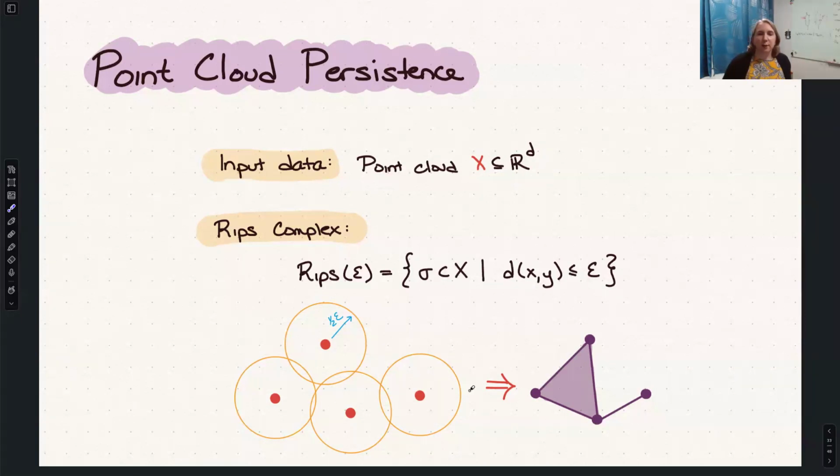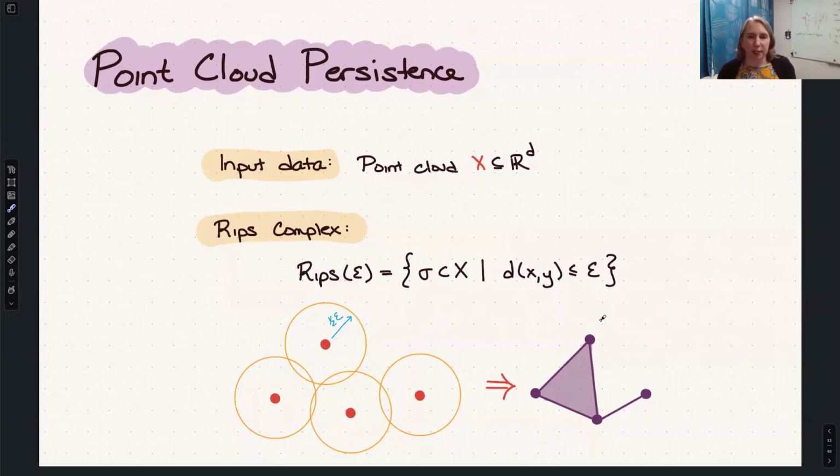So the idea is that you give me a bunch of points. In my picture down here, they're all supposed to be embedded in R^2. And for a particular choice of epsilon, some distance parameter I'm interested in, I can look at, for instance, the disks of diameter epsilon, equivalent to the radius being half an epsilon.